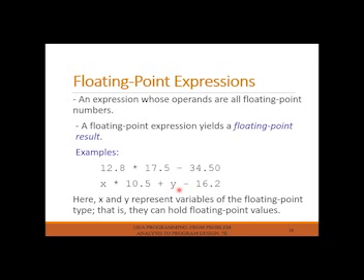Kapag ang isa sa operands mo, halimbawa y minus 16.2, ang isa ay floating point, ang isa ay integer, ang gagawin nyo po ay susundin ninyo ang floating point. So, i-convert ninyo yung inyong integer into floating point. Kung halimbawa ito ay whole number, lalagyan nyo na lang ng 0.0 para understood naging floating point siya or may decimal part. Here, x and y represent variables of the floating point type. That is, they can hold floating point values.